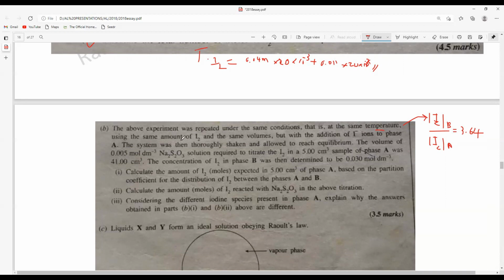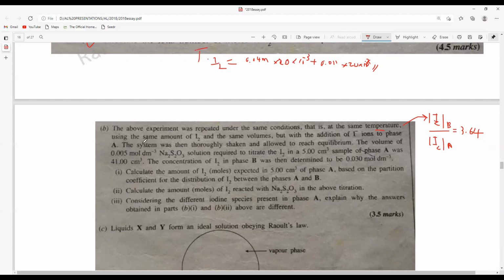And using the same amount of I2 and the same volumes, but with the addition of I minus ions to phase A. This is why I told you in the beginning, normally when I2 is not very soluble in water, which is our phase A here, you add a little bit of I minus so that its solubility is a little bit higher.